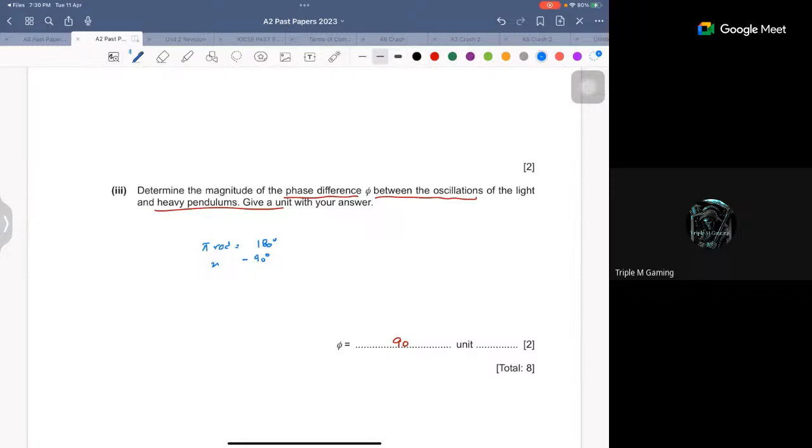Pi over 2, which is 1.6. So you can write 1.6 radian if you want to. 90 degrees is equal to 1.6 radian.